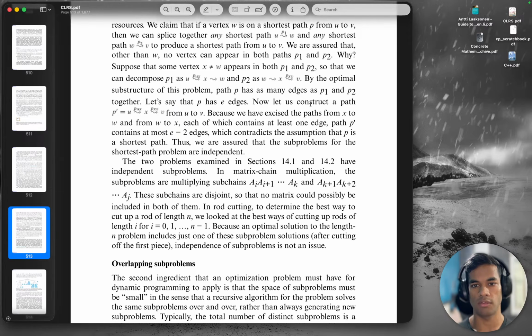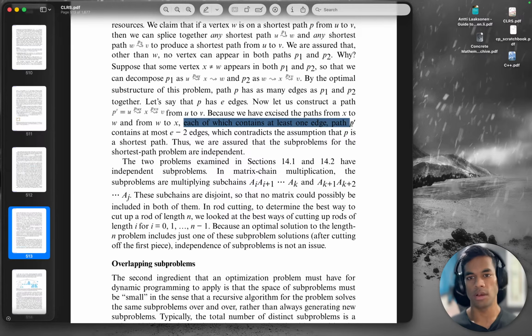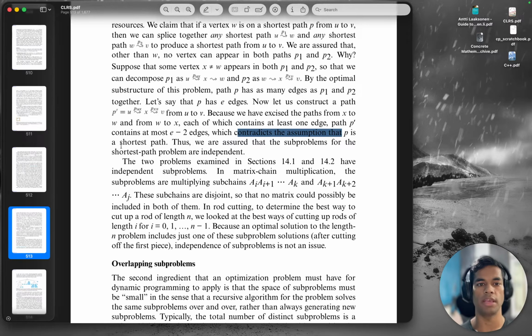Now let us construct a path P dash from U to V, because we have excised the paths from X to W and W to X, each of which contains at least one edge. This path P dash is going to be smaller than the path that we got after adding these two paths, which contradicts the assumption that P is the shortest path.